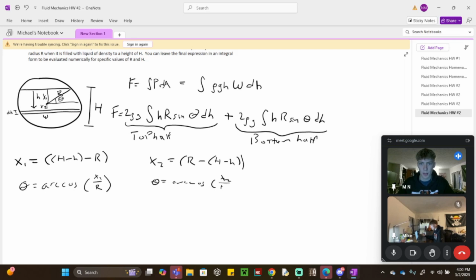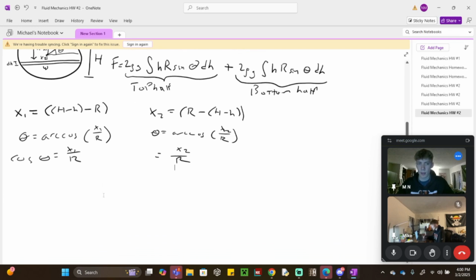So cosine of theta will be equal to x1 over R, and x2 over R respectively. And now we can try and put our x1 over R into our force equation. Because remember, we're having two different variables here, so we need to get our theta out.